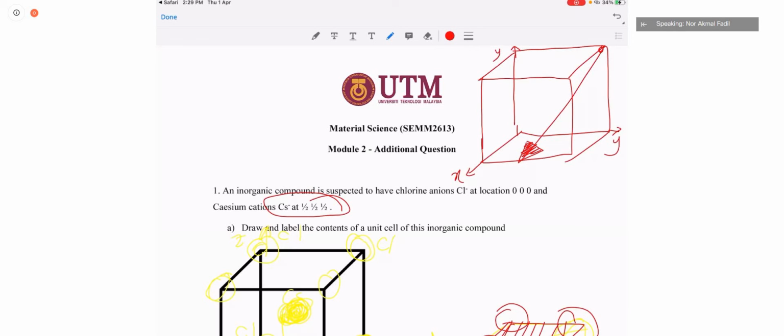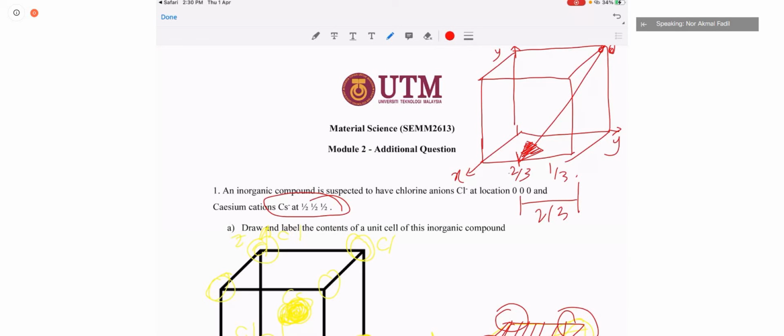But this one is not actually correct if you don't put the scale here, the dimension, properly. For example, is it 2/3 or is it 1/3? If it is 2/3, you need to define the origin. Let's say you said this is the origin. If you put 2/3 it means the distance from here to here is 2/3.